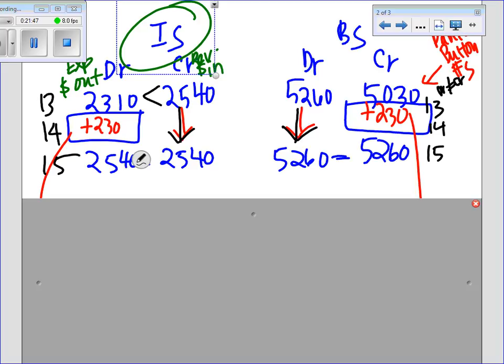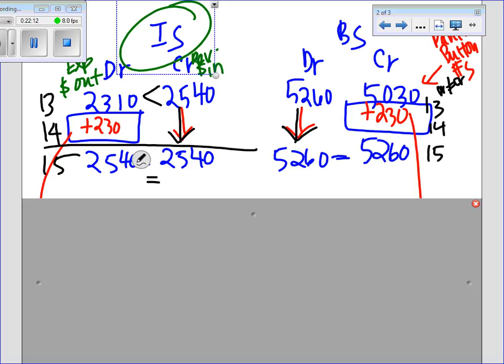Well, let's just focus on income statement for a minute. If I take 2,540 minus the smaller friend of it that's panicking here, we're going to see a difference of 230. So if I add 230, then miraculously, the two will equal.